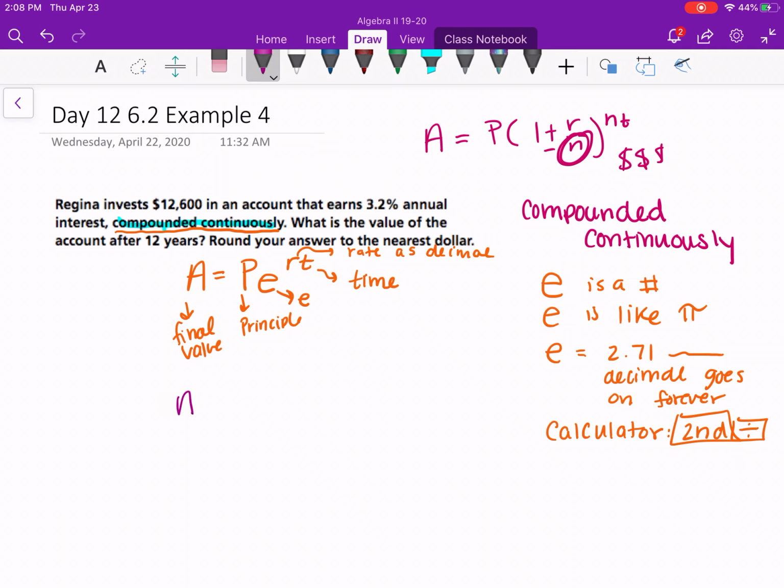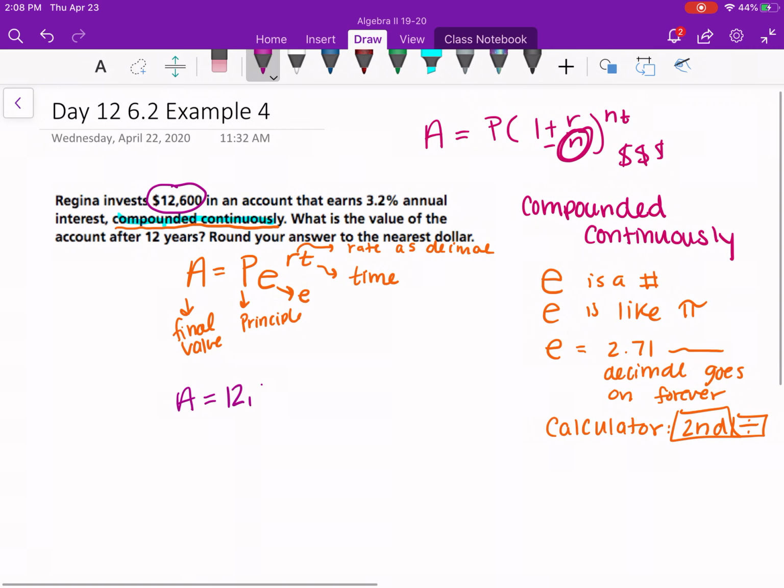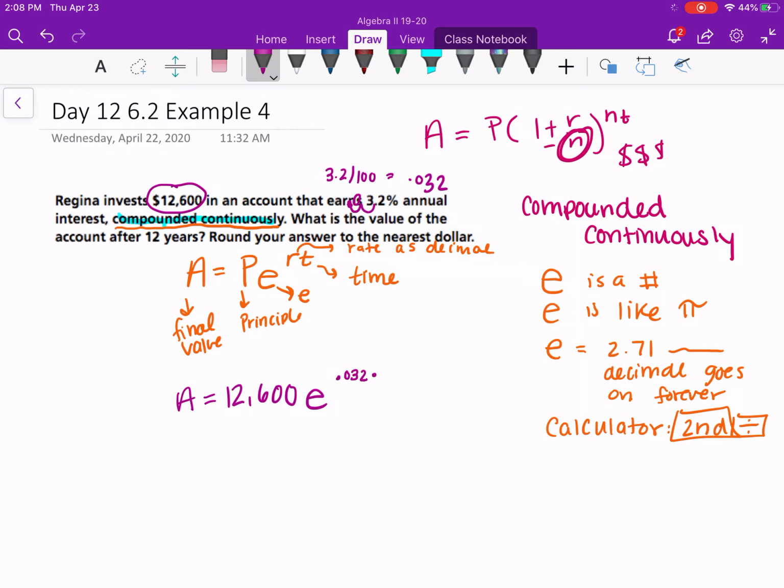The final value will happen when I take the initial $12,600 invested times E to the rate, move the decimal 2 to the left, or do 3.2 divided by 100, and you get 0.032 times the time after 12 years.